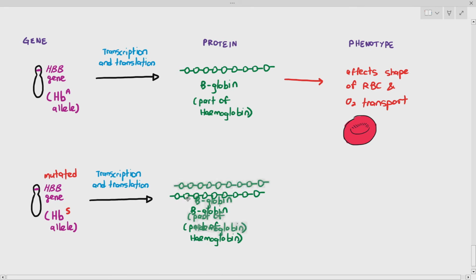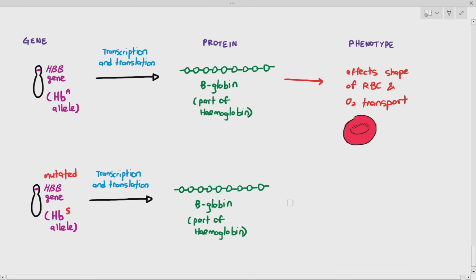Because of that base substitution in this HbS allele, one of the amino acids has changed, where glutamic acid in the normal protein has been substituted into valine as an amino acid, and I'm representing the valine as a red square. So only one amino acid has been changed in the entire beta globin.